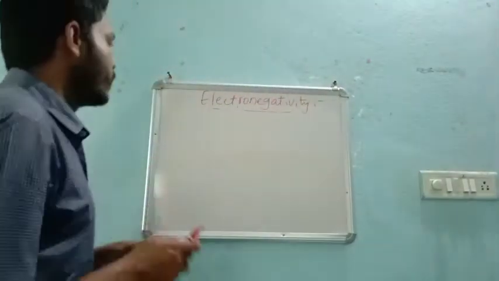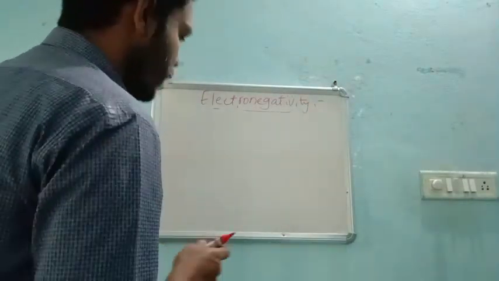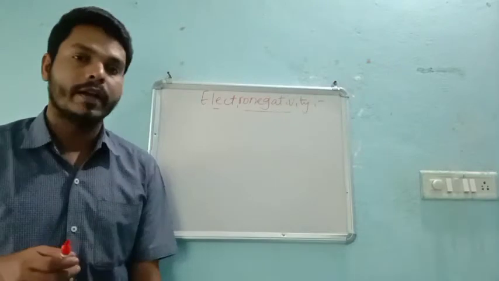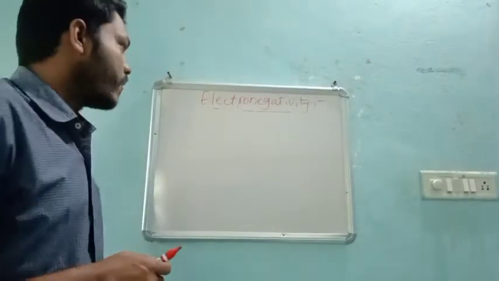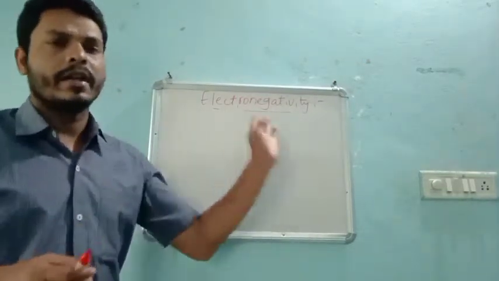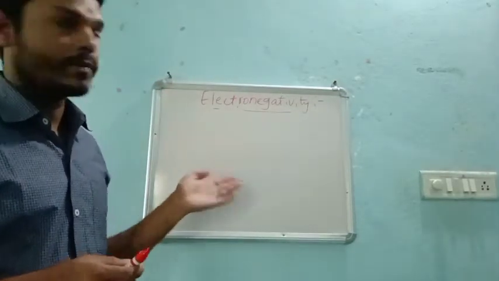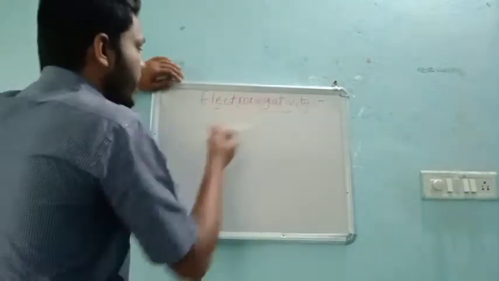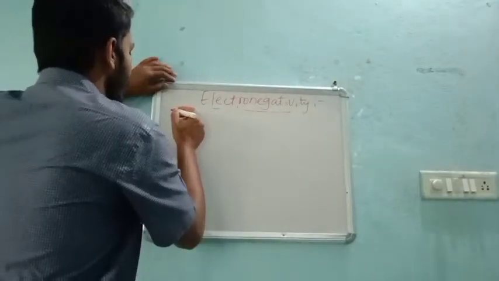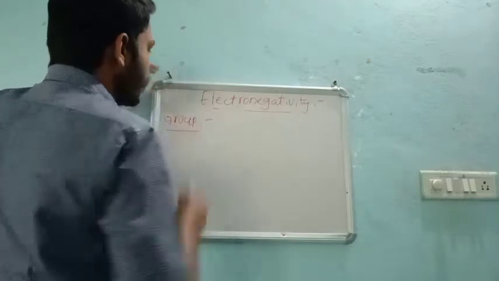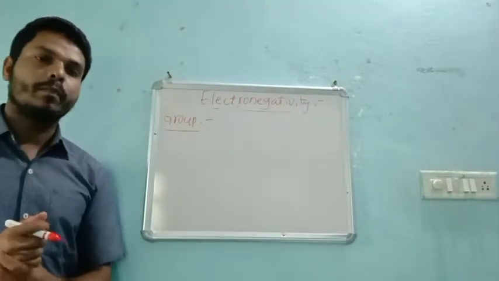That's why in the first class itself I said that if you come to know what atomic radius is and how it changes in a group and in a period, then you can easily understand these concepts, or even enjoy them, right? Now electronegativity we will see in a group as well as in a period. I won't show any elements, directly we will go to the group.